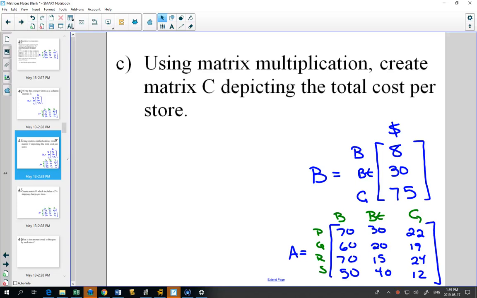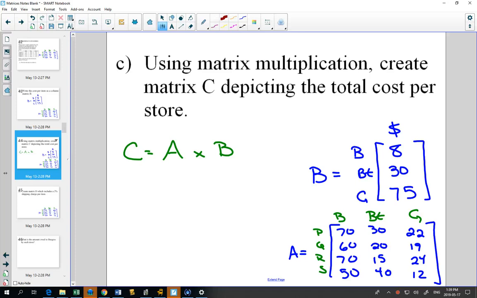In fact, to get the total cost per store, we can take matrix A and multiply it by matrix B. Now, above matrix A, I'm going to write its dimensions.